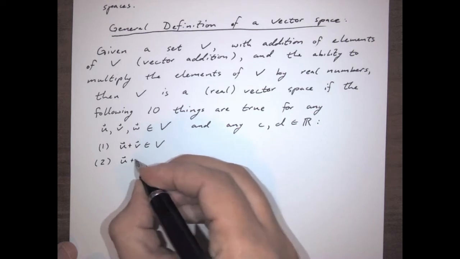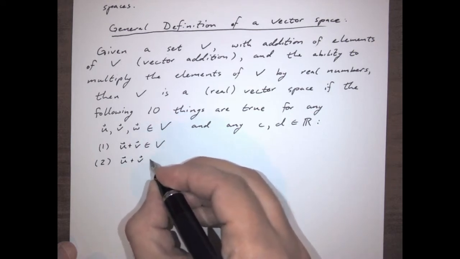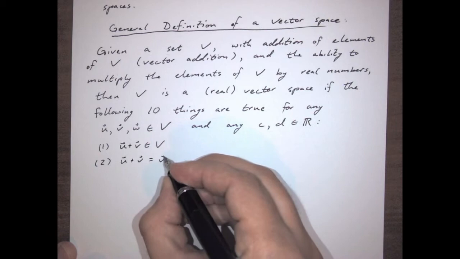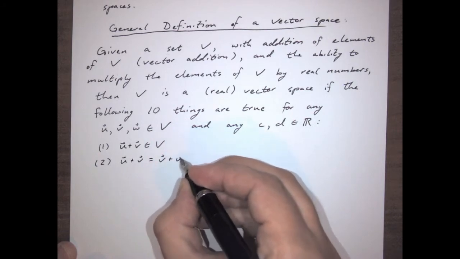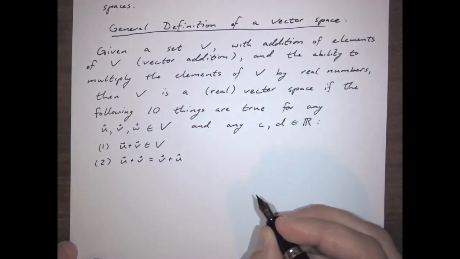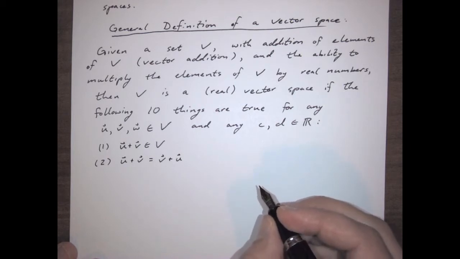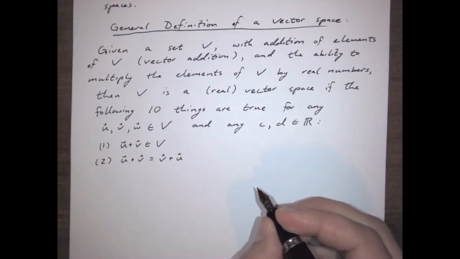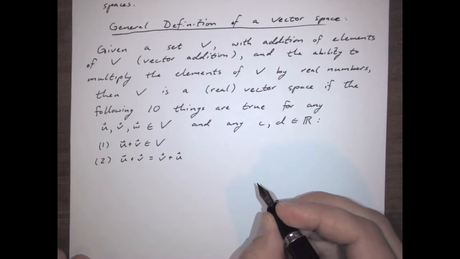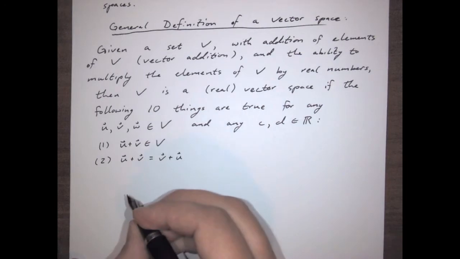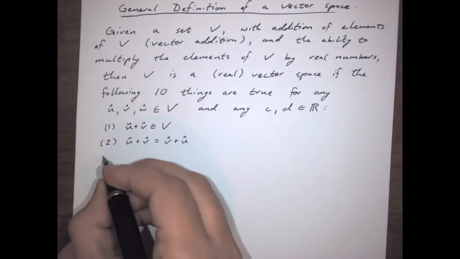So u plus v has to be the same as v plus u. And again, thinking of polynomials, if I add together two polynomials and then I hit reset and I add them together in the opposite order, will the results be the same? Yes, they will.